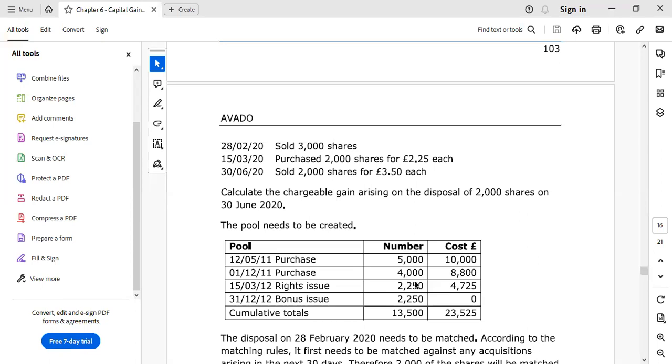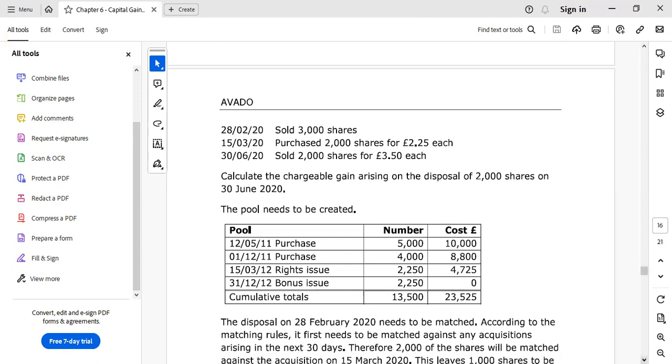We need to add all these shares before the bonus issue, and then with the 1:5 ratio we get 2,250. So the cumulative is now 13,500 shares and 23,525. Here, on 28th February 2020 he sold 3,000 shares.